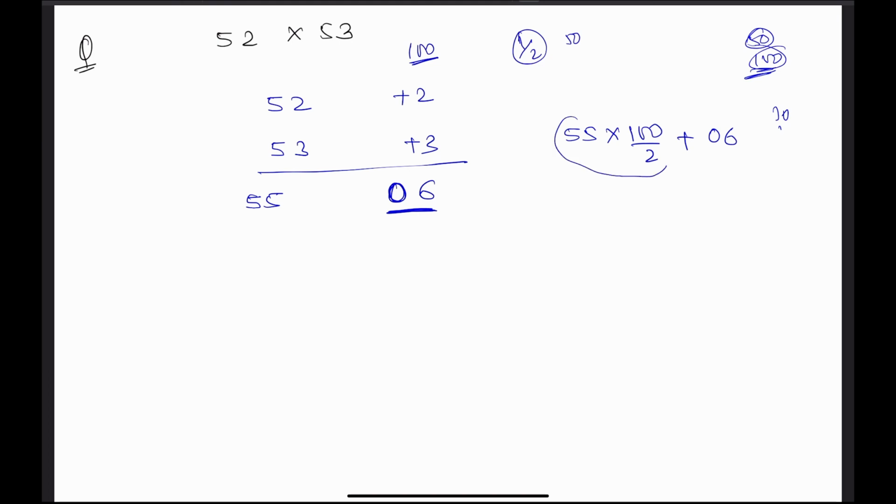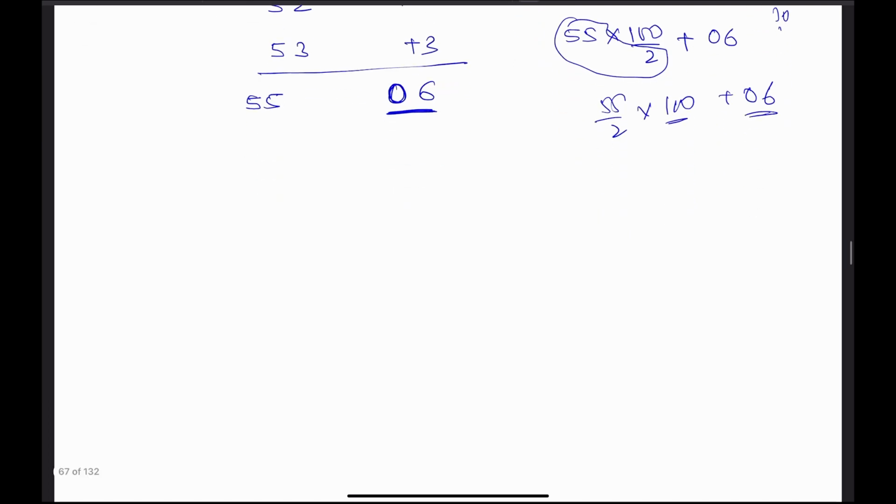So what we can do now, we can just use this one, 55 by 2 into 100 plus 06. This is what we are going to do. So 55 by 2 is what? 54 is 27, 55 is 27.5 plus 06. So this 0.5 reflects what? 100 into 0.5, it's 50, right? So it is nothing but 50.